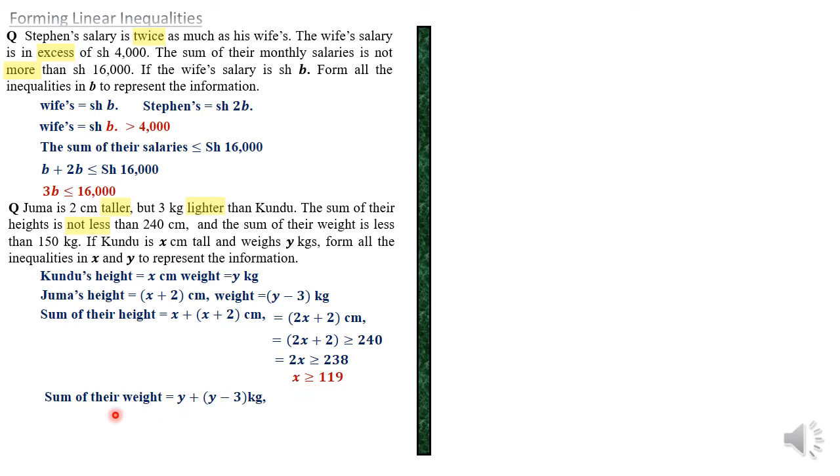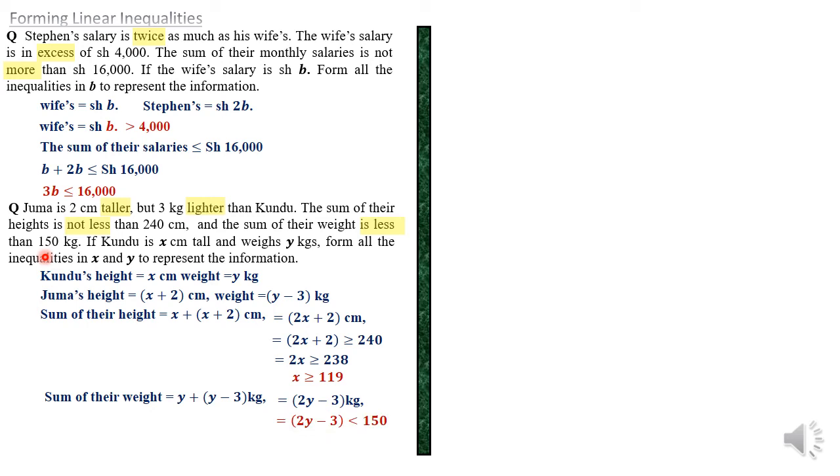We go forward to the weight. So the sum of their weight is Y plus Y minus 3. This is the weight for one person, this is the weight for the other. So just add and simplify, you get 2Y minus 3. But we are told the sum of their weight is less than 150. What does that mean? It could be 150, 149, 140, 130, and all that.